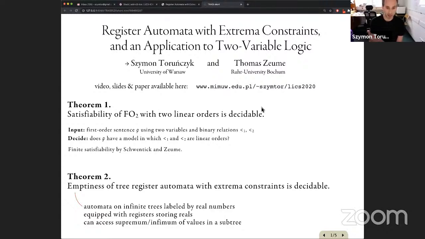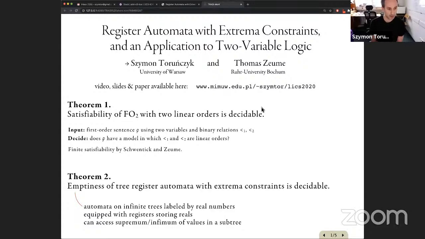As the automaton processes the tree, at each node of the tree, the automaton can access the supremum or the infimum of the register values in the subtree rooted at the current node. So this is why we have extrema constraints. You can compare a given register value to the supremum or the infimum of some register values in the subtree of the current node.